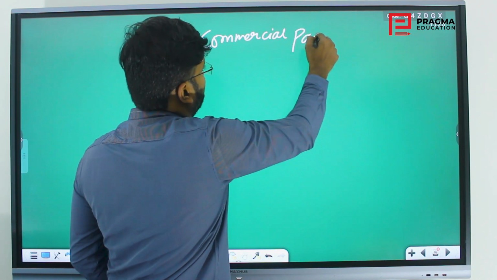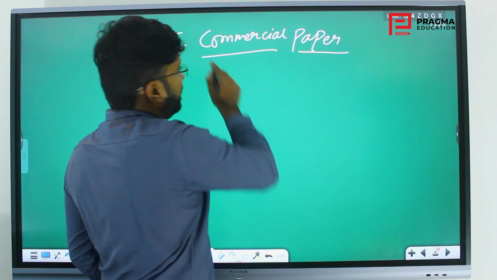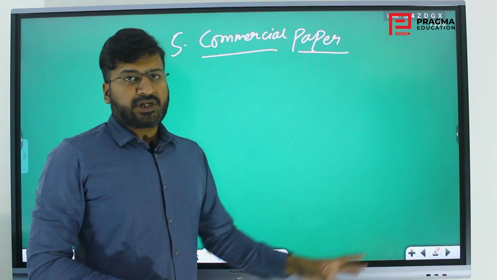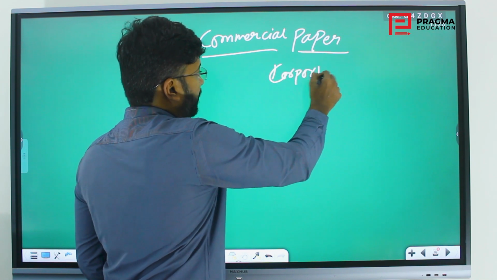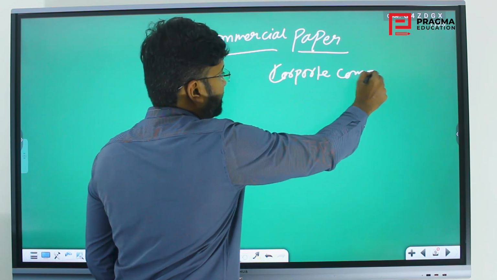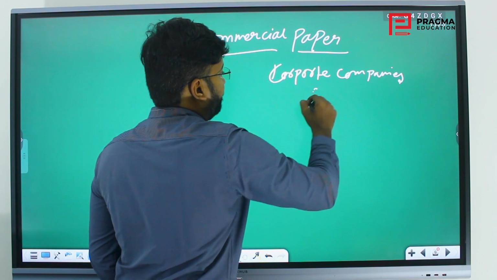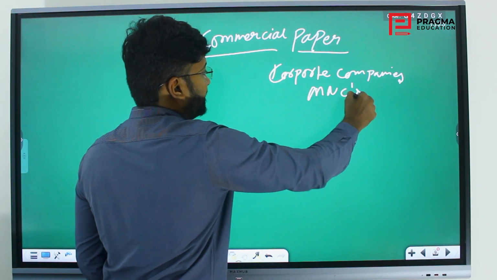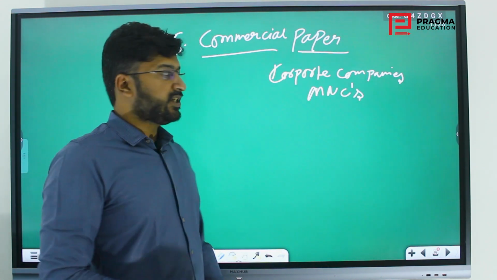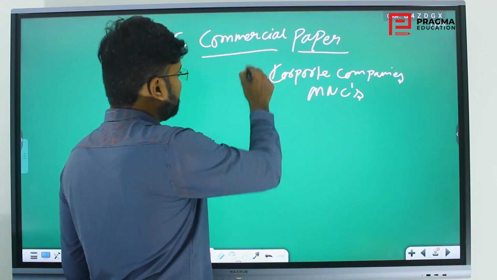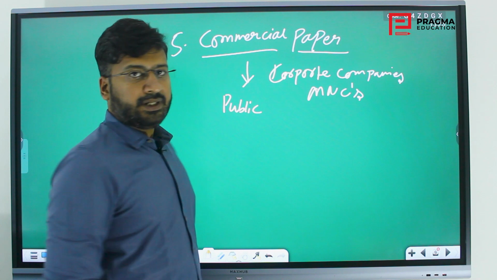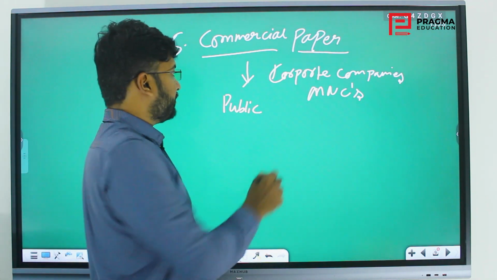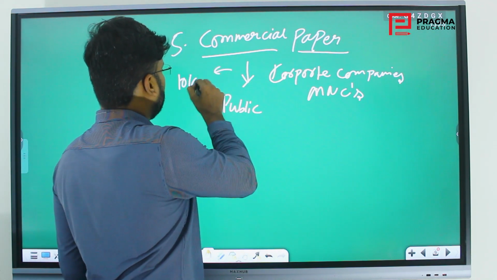a commercial paper. It is something similar to a commercial bill, but these are issued by corporate companies, MNCs, other big companies which have goodwill in the public. They will raise some funds from the public. Same as the T-bills concept, they will issue, suppose, 10 lakh.